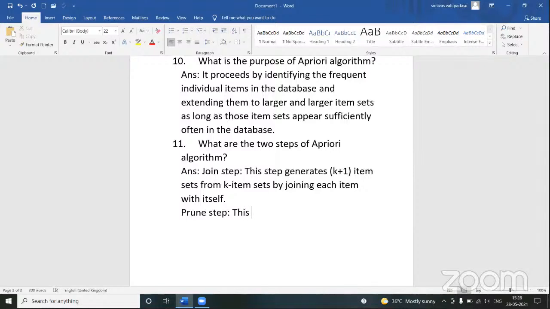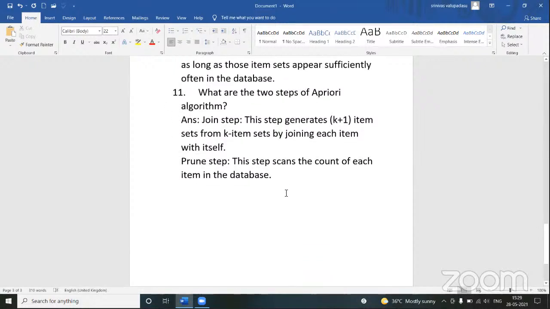This step scans the count of each item in the database. These are the two steps in Apriori algorithm.